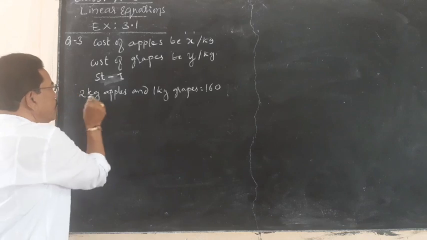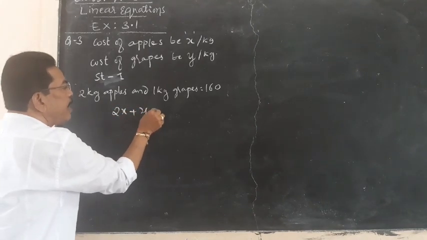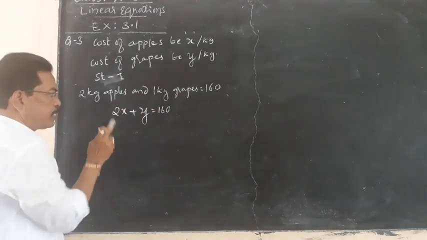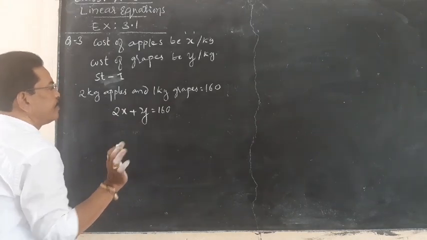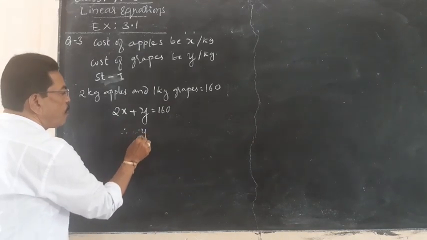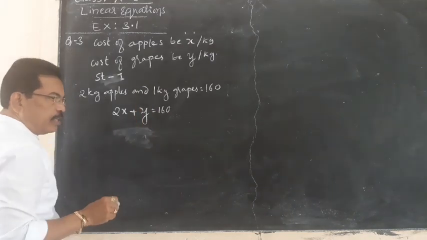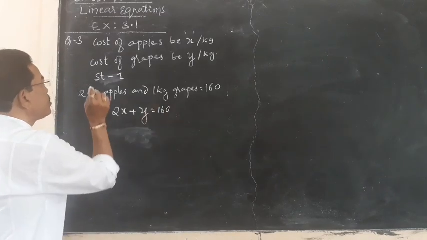That means 2 kg x plus 1 kg y equals 160. 2x plus y equals 160. This is the first method, the algebraic representation.